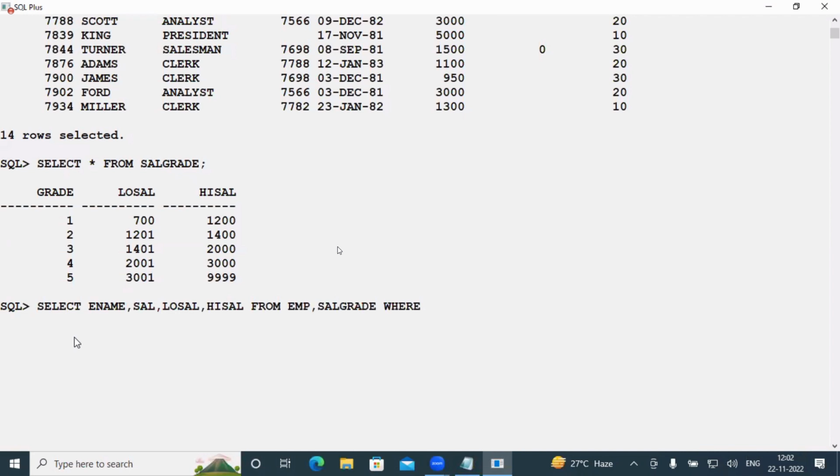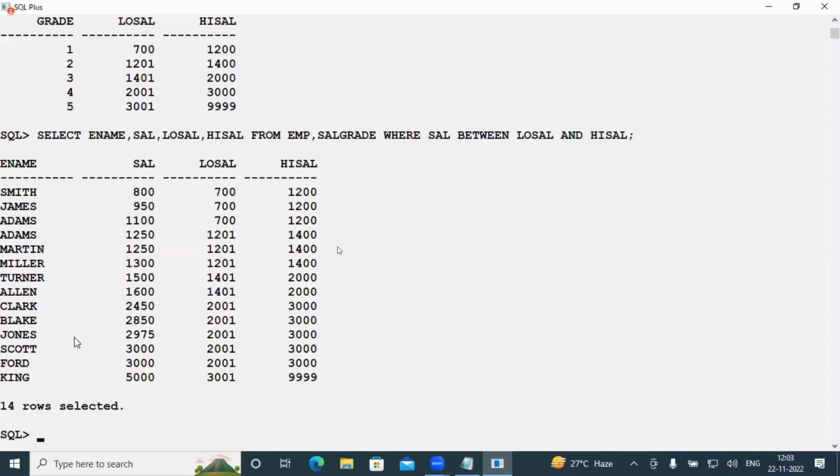Where, my first condition: where sal between low sal column and high sal column. Can I write like this? Yes, definitely.